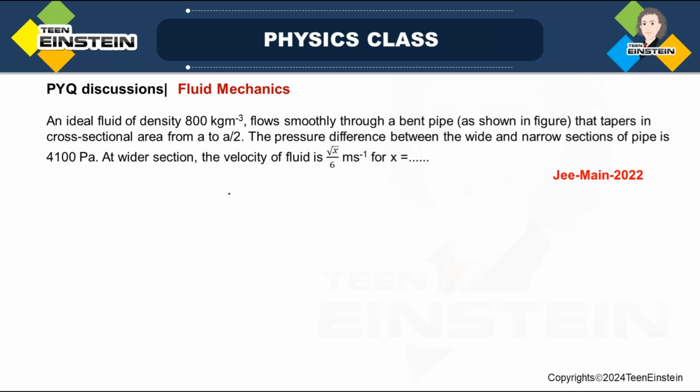Okay, let me read the question once again. An ideal fluid of density 800 kg per meter cube flows smoothly through a bent pipe as shown in the figure. Let me give you the figure over here. Bent pipe.